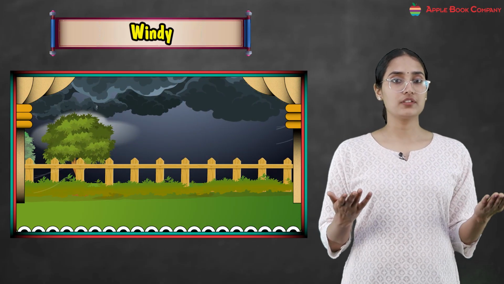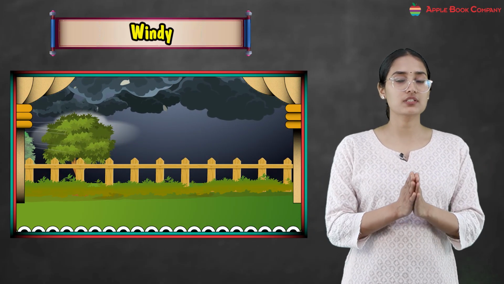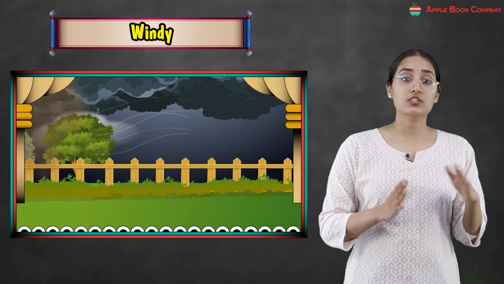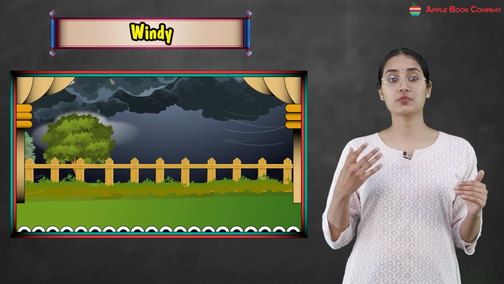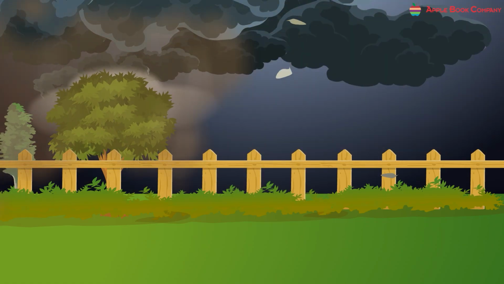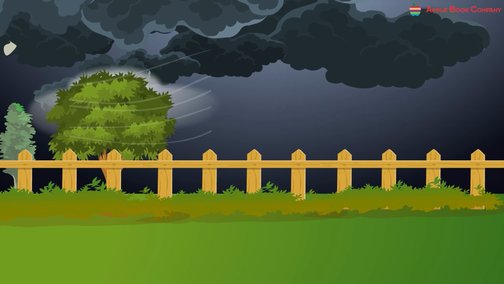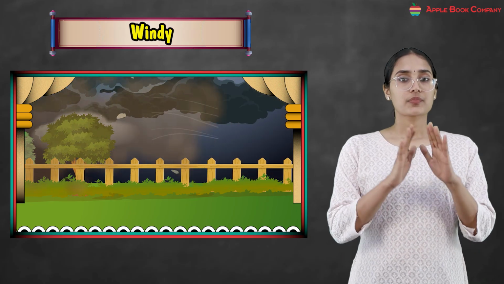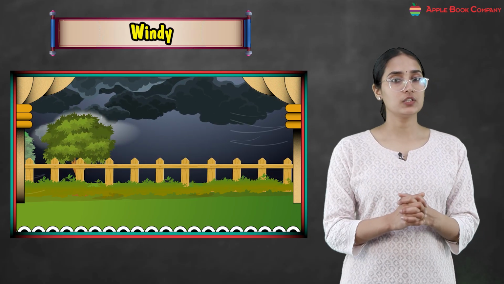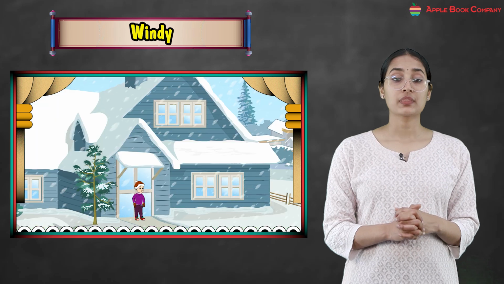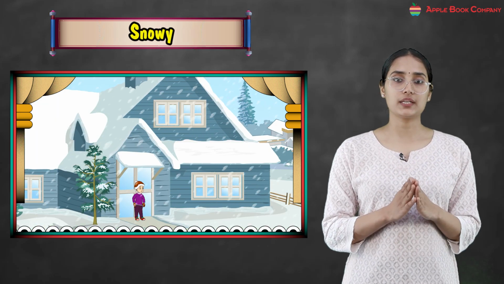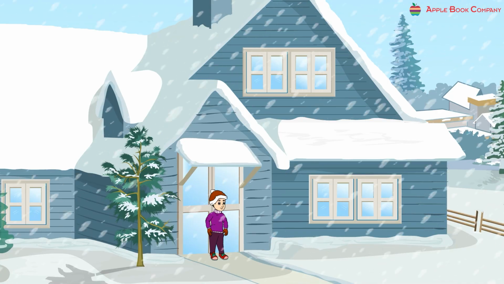Next is the windy weather. During this time there are a lot of winds, right? There is a lot of fluctuation in winds that keeps on happening and the air moves quickly, making it feel cooler, right? The temperature is very low during this time. Next is the snowy weather.